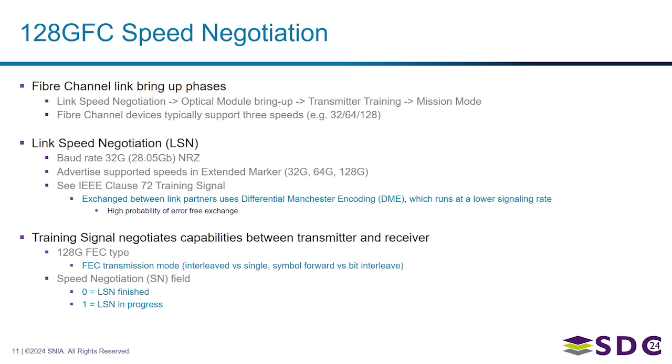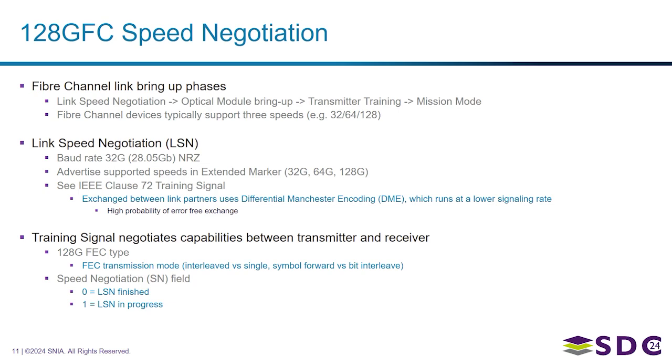But at a lower rate, the two sides can actually link up a little bit more quickly and more reliably, and they can determine then at which speeds that they support. And so that gets transmitted between the two endpoints to say, yes, I support 128, 64, or 32, or the other side may say, I only support 64, 32, and 16. They'll negotiate as to which speed that they can come up with, and then they'll bring the link up to full data rate following that negotiation.